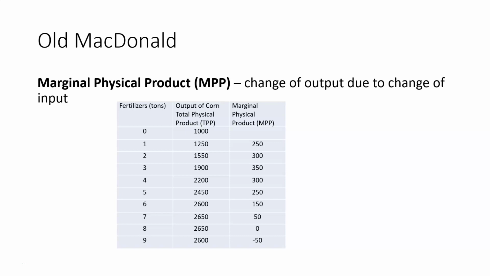Well, again, the question is, if we want to maximize our output, we notice that, interestingly, output maximization occurs at 2 points. At 7 tons of fertilizer and at 8 tons. So the question is, which of these is the optimal amount?